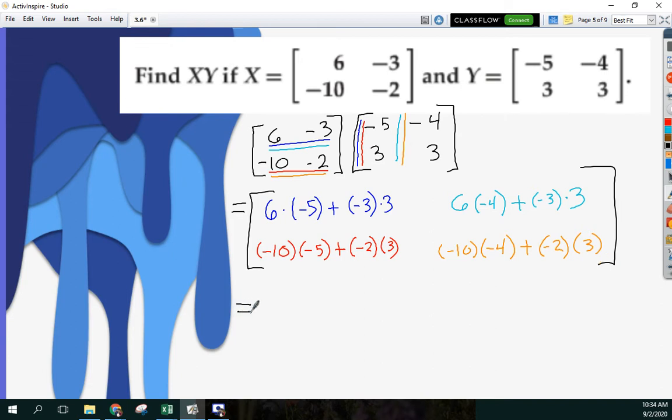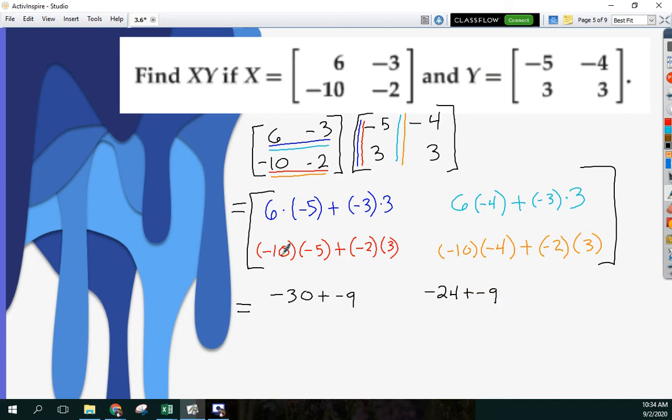So notice that 6 times a negative 5 is going to give me negative 30. Then I'm going to add a negative 9 going across. 6 times a negative 4 is going to give me a negative 24. And we're adding a negative 9.